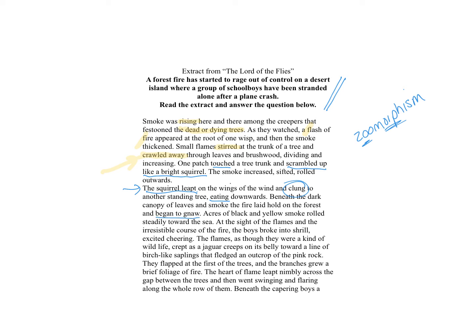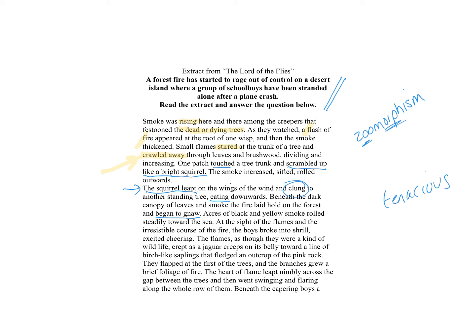Again, we've got these images now, two images about consumption, about greed, about hunger. If you gnaw on something, it's a very specific type of biting. It's very tenacious. Okay, you might want to look up the word tenacious. It's a very tenacious, determined biting to get every last little bit off.